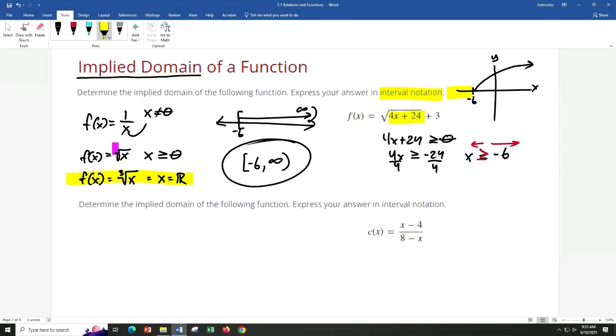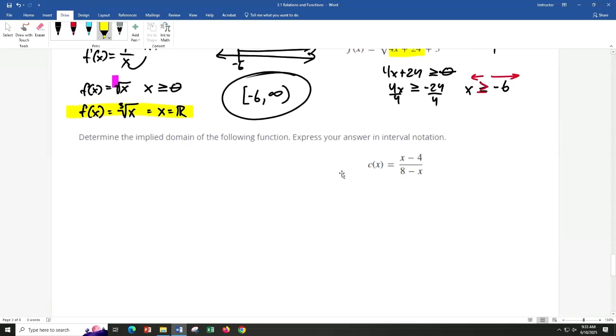Good? Okay. Do the other one. Tell me what the implied domain is of this one right there.